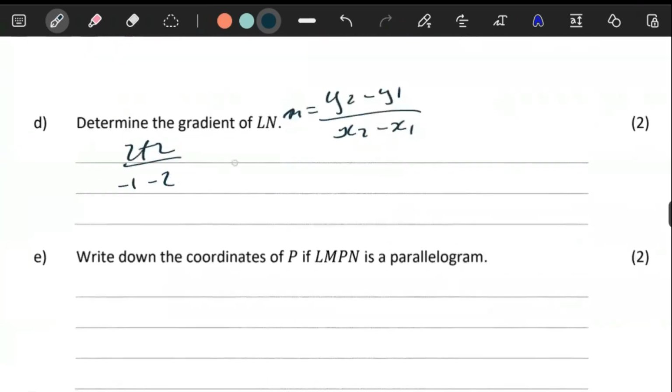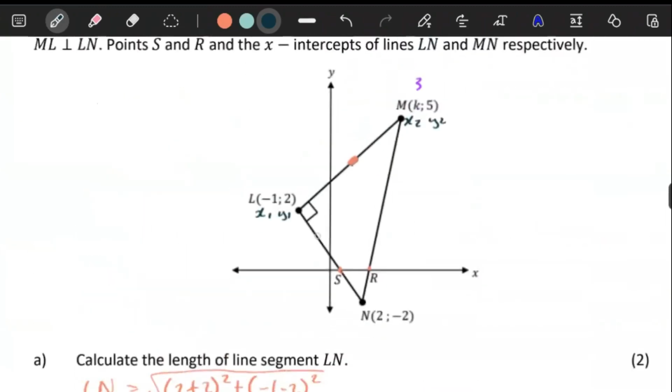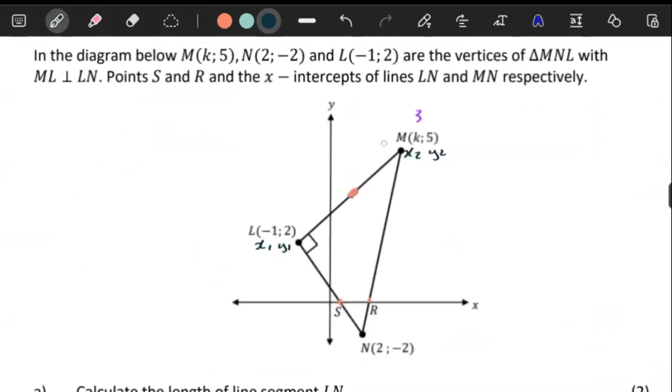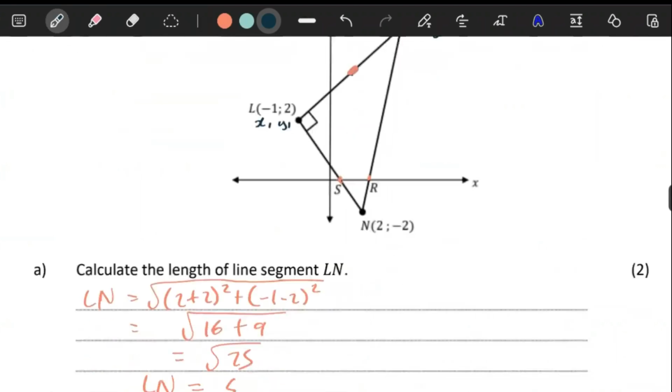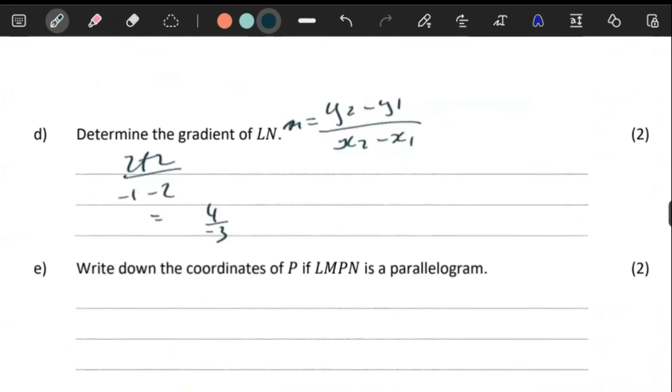Negative 1 minus 2 is going to give you 4 over negative 3. Since these lines are perpendicular, right, and they've given you the gradient of Lm, which is this line, the gradient of the other one would just be this flipped over with a negative sign, as we're seeing here.